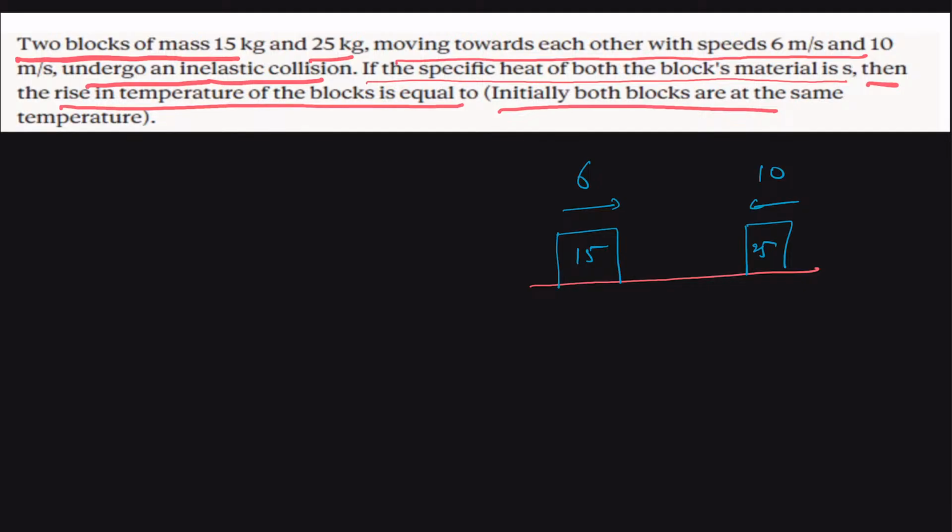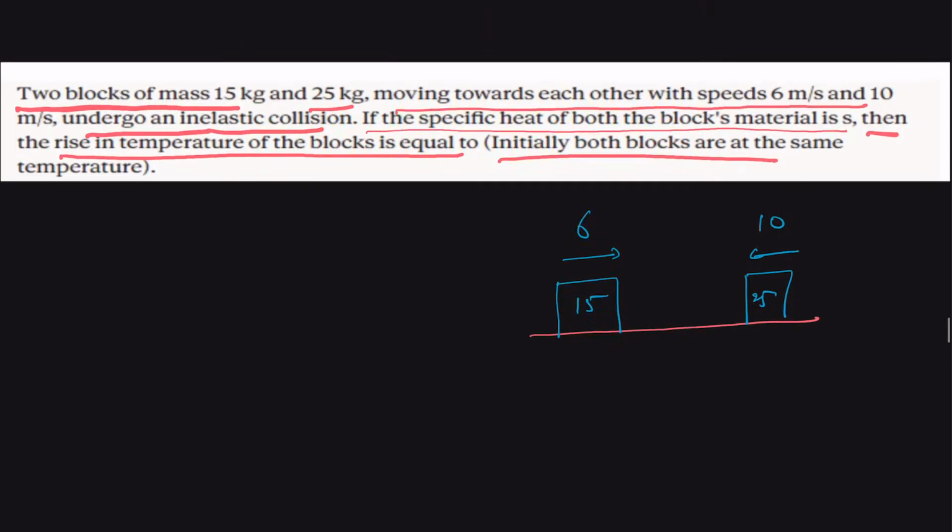And it is given that the collision is inelastic, so it means the kinetic energy will be converted into heat during the collision. That heat is going to raise the temperature, and from there we are going to sort it out. So let's start with momentum.